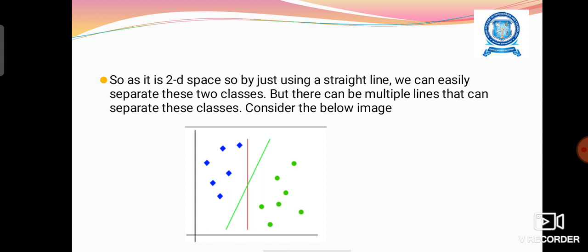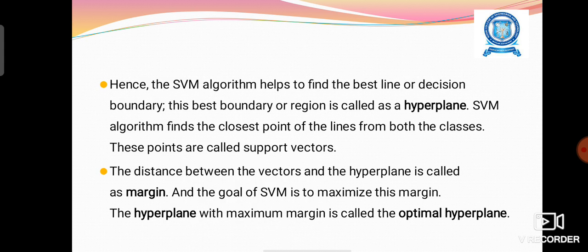By using a straight line, we can easily separate these two classes, but there can be multiple straight lines that can separate these classes. We have just drawn two straight lines, but there is the possibility of multiple straight lines that will separate the two groups of data.